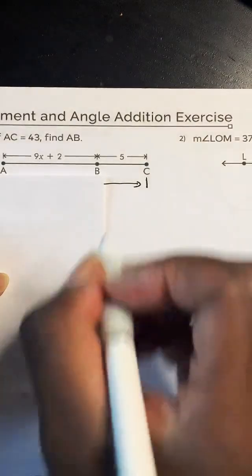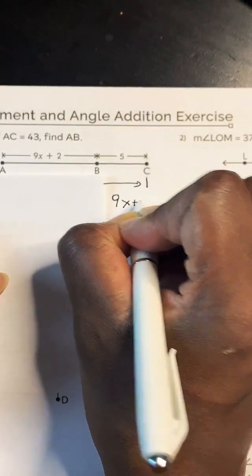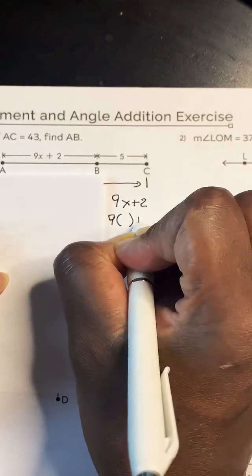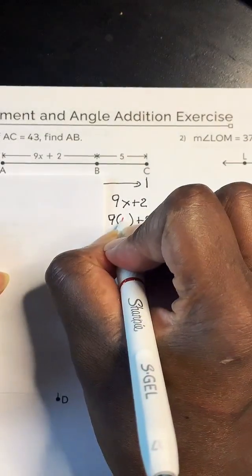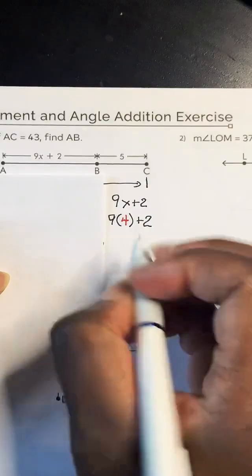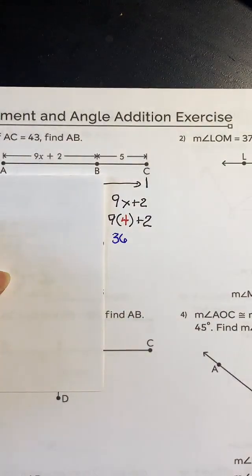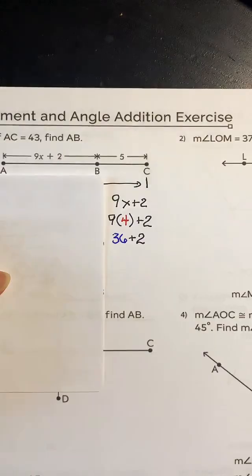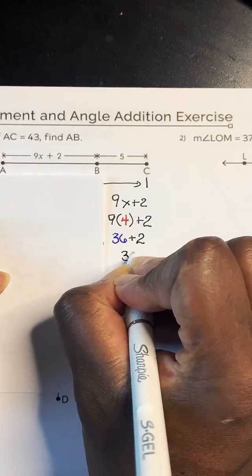Rewrite it, so we have 9x plus 2, and instead of the x, we put that 4 that we just found. 9 times 4 gives me 36, and we have our 36 plus 2. 36 plus 2 gives me a total of 38.